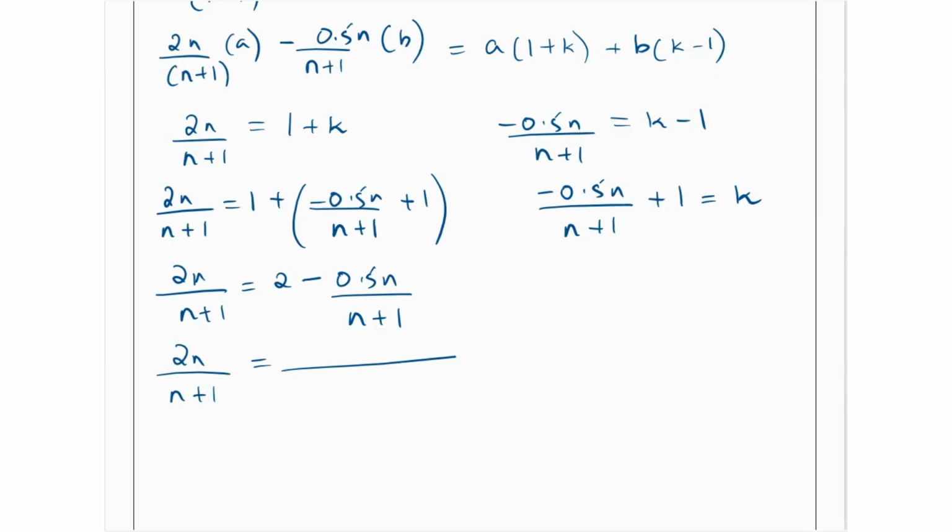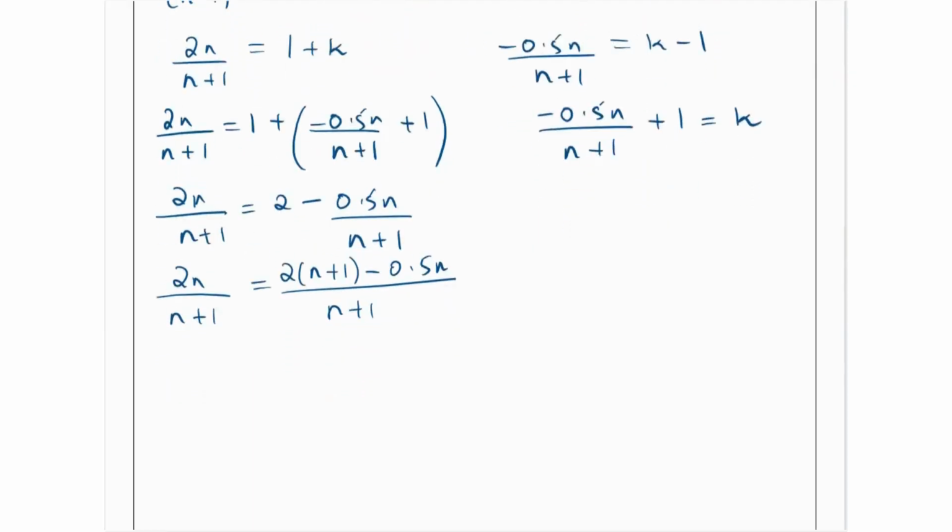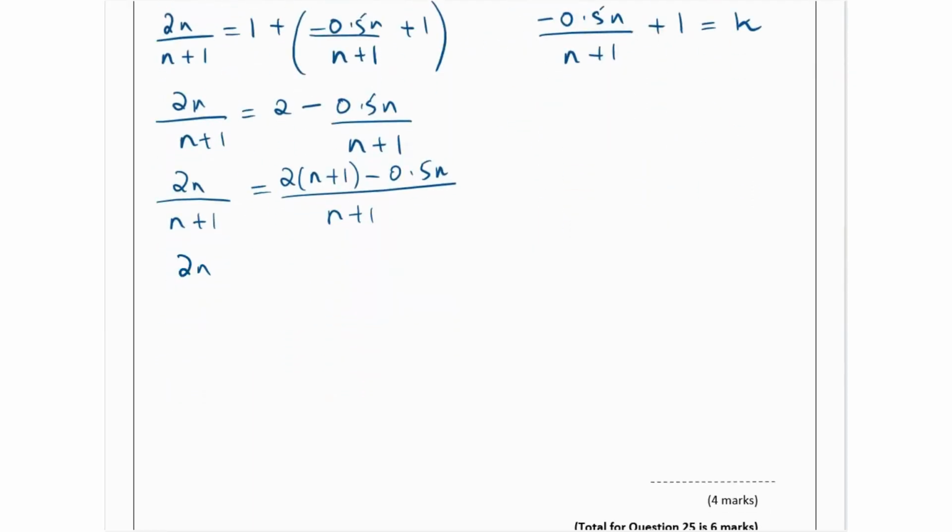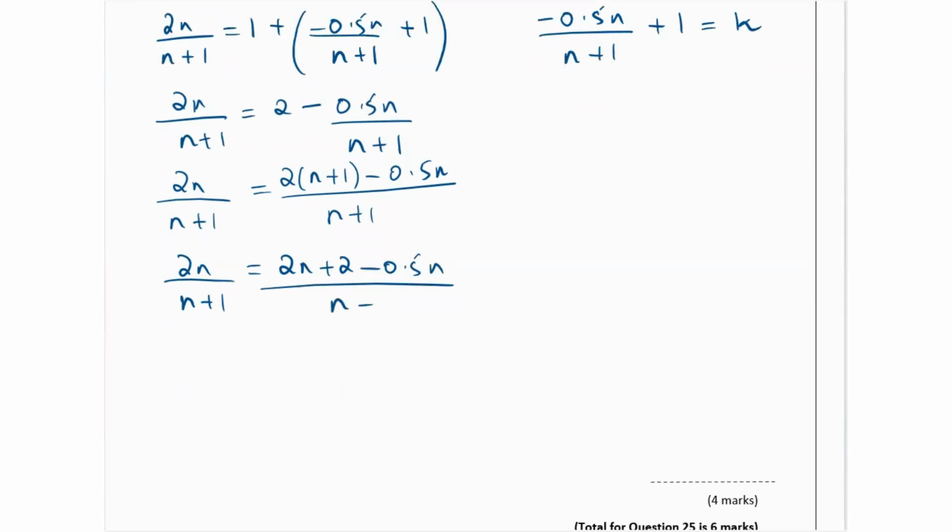Make the denominator the same over here, so that's n plus 1, and 2 times n plus 1 minus 0.5n. So that's 2n over n plus 1 equals 2n plus 2 minus 0.5n over n plus 1.